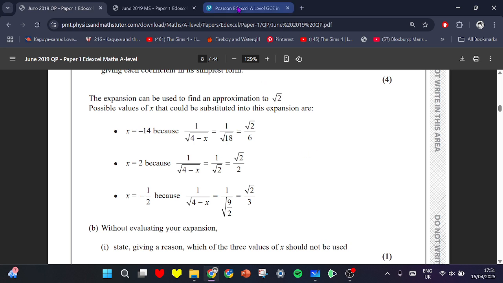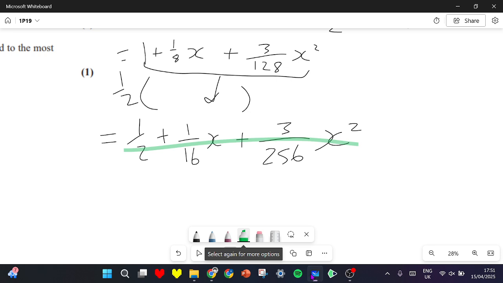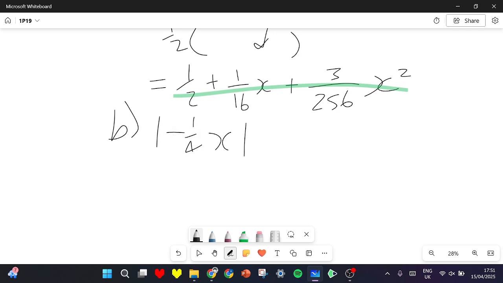Okay, so for this one, you know the condition for this expansion is that the modulus of x has to be less than 1, right? So our x was minus 1 over 4x. So the modulus of that has to be less than 1.